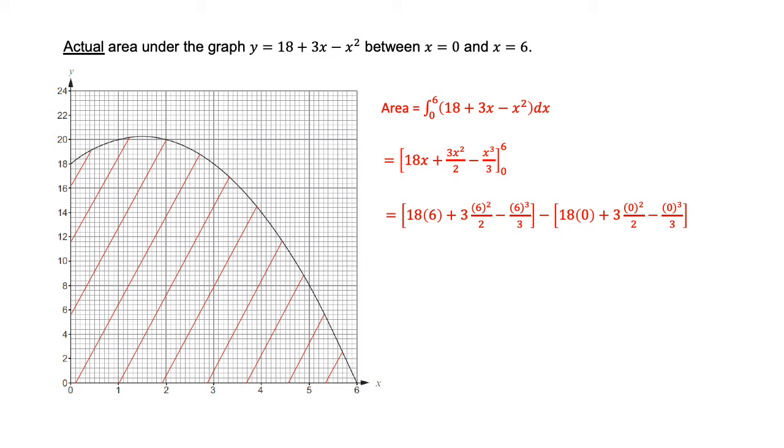We get an answer which in fact is 90. And by integrating the expression, this actually gives us the correct answer. So you can see now that the actual area is slightly more than what we estimated before using the trapezium rule. Only by 1, but that is an estimate, and this is the actual specific area of the graph. So this is what we're going to learn. This is the technique of integration.